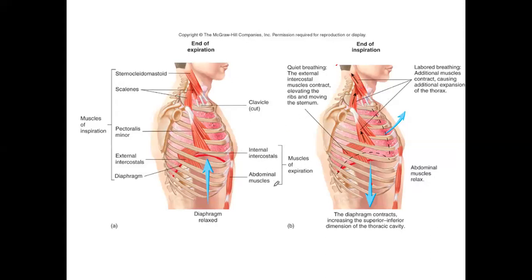When you are exhaling, it's passive, so those muscles just shut off. But let's say you were forcing a breath out. When you're forcing a breath out, you're going to use your internal intercostals and your abdominal muscles.